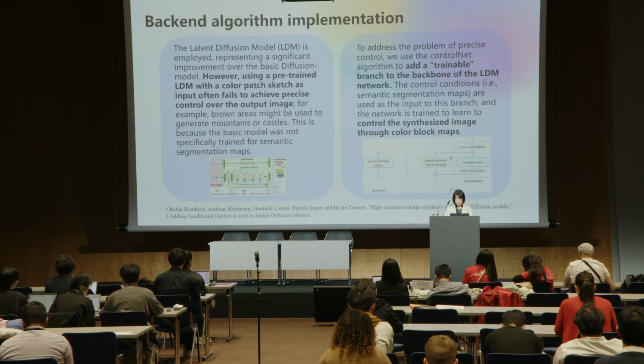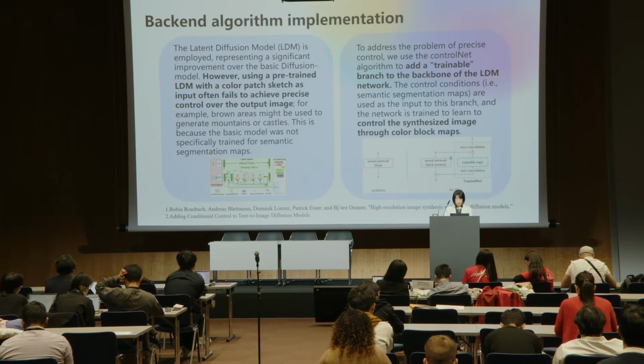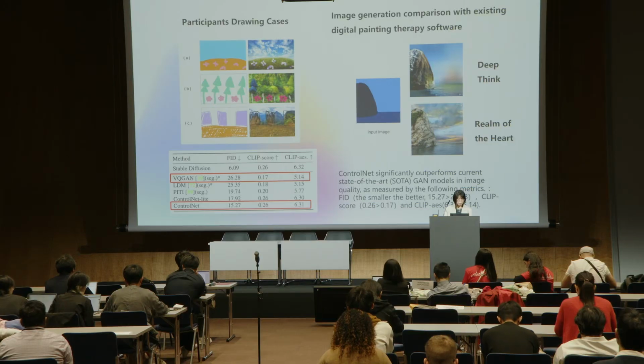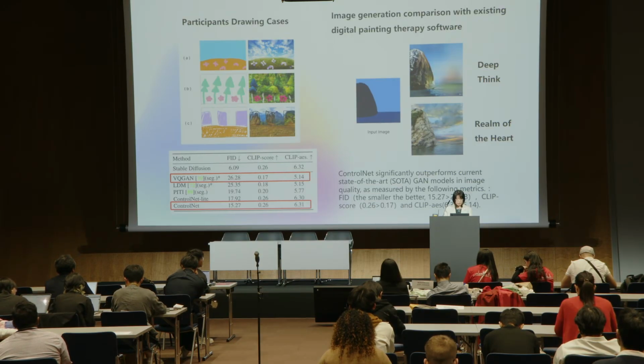So to address the problem of precise control, we use ControlNet to add a trainable branch to the backbone of the LDM network. By this, we learned to control the image through the color block maps. And these are the participants' drawing cases, and this is the comparison with the existing digital painting software.